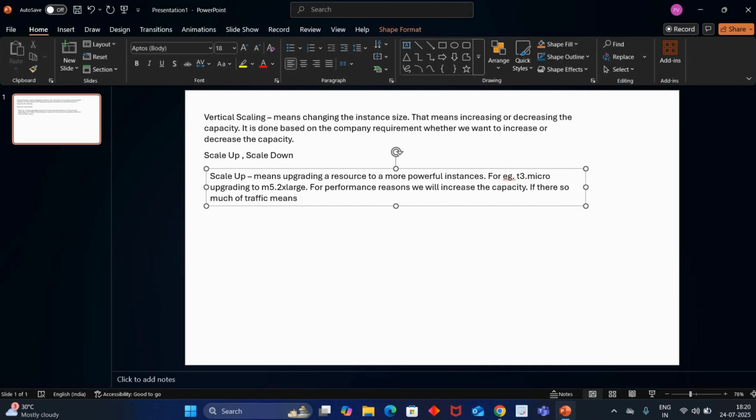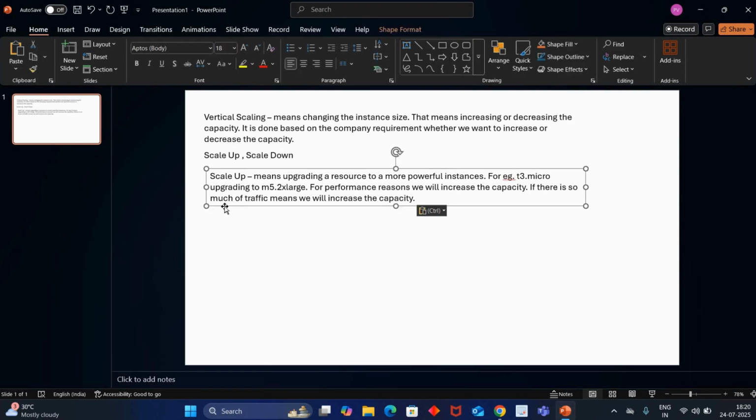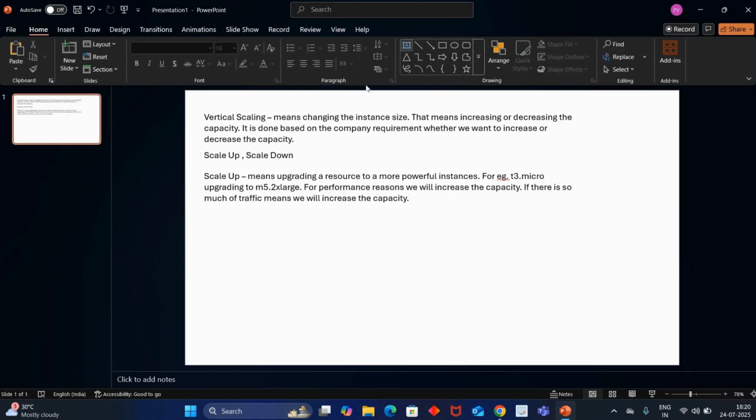At that time, if there is so much traffic, a performance issue may occur, so we will increase the capacity. Okay. So this is called scale up. This is all about scale up.